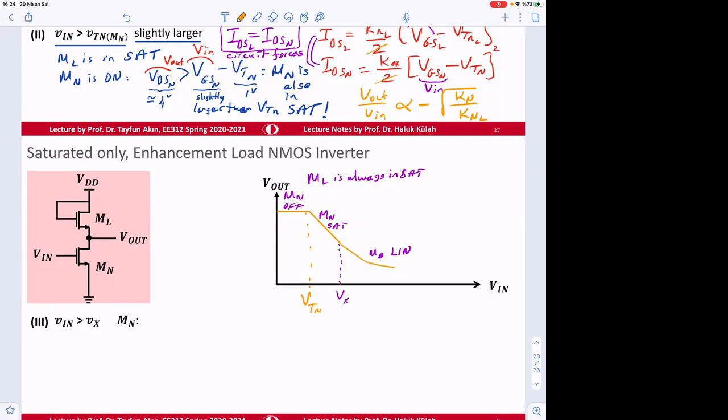So this value here is going to be V output high. When the input is V output high, the corresponding output is V output low. And this is VDD minus VTN of L.